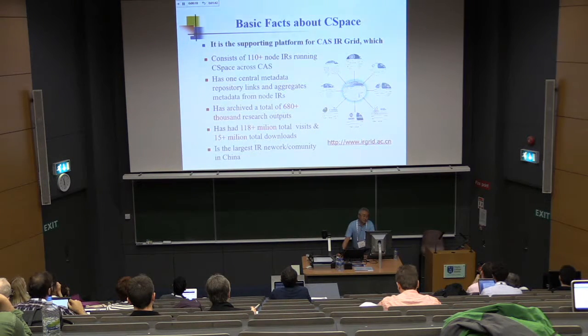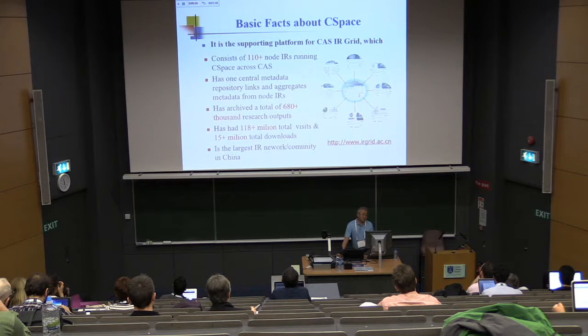KSR Grid is our network across the Chinese Academy of Sciences. It now consists of more than 110 IRs running CSpace across CAS.